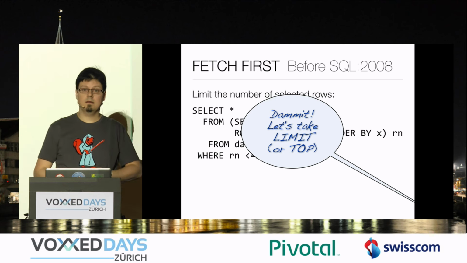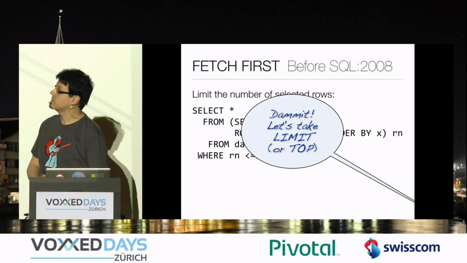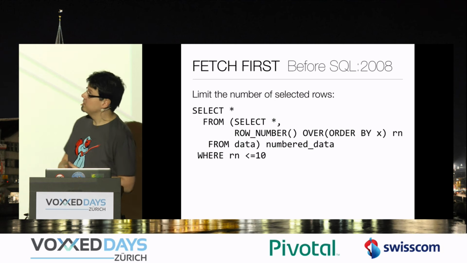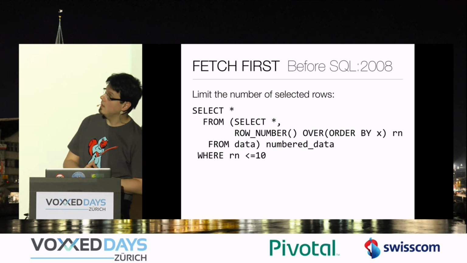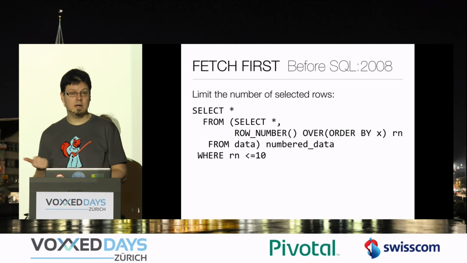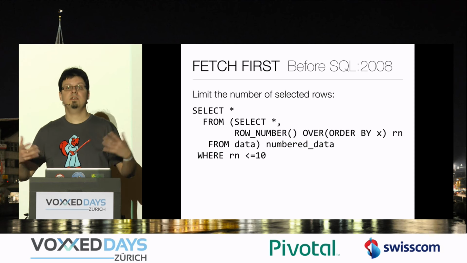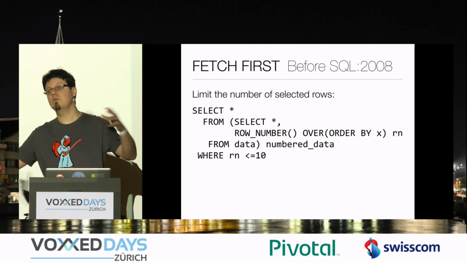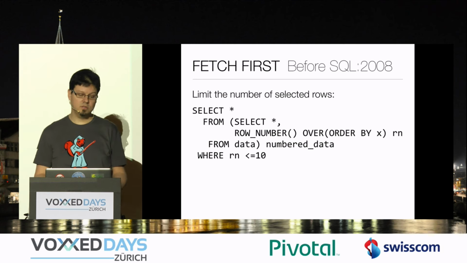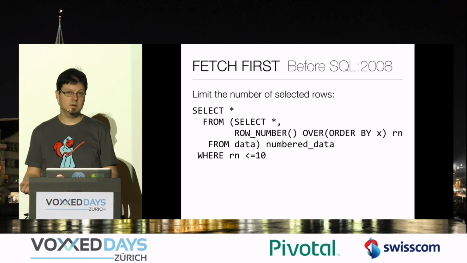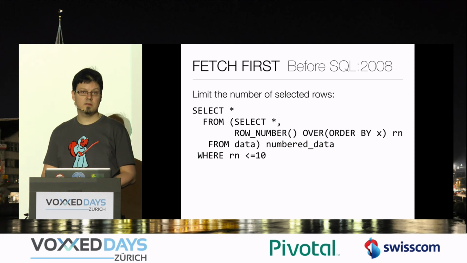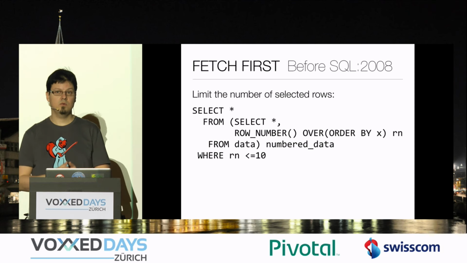If we don't have this fetch first, sorry, that was one too fast. If we don't have this fetch first row now, then we can still use this row number function, which I've just told you about. If you want to just fetch the first 10 rows out of a potentially very large result set, you could number the rows using row number, and then put an outer where clause on that column to cut the result off.